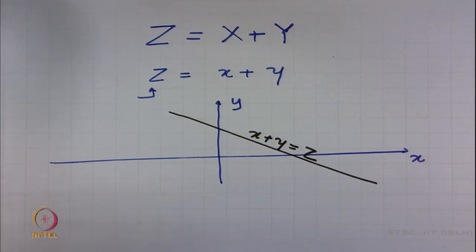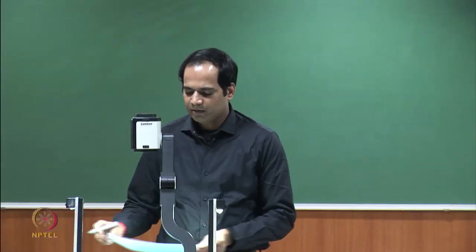Now, to start thinking about the probability density function of a random variable, it is often convenient to think in terms of the cumulative distribution function of a random variable.